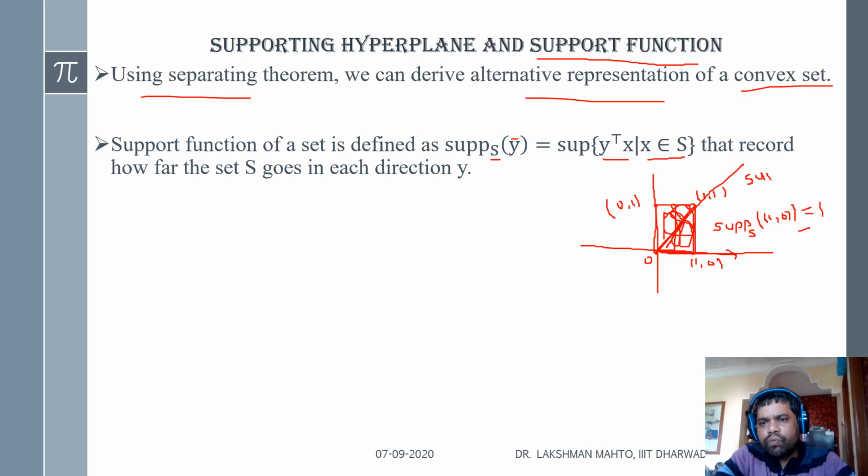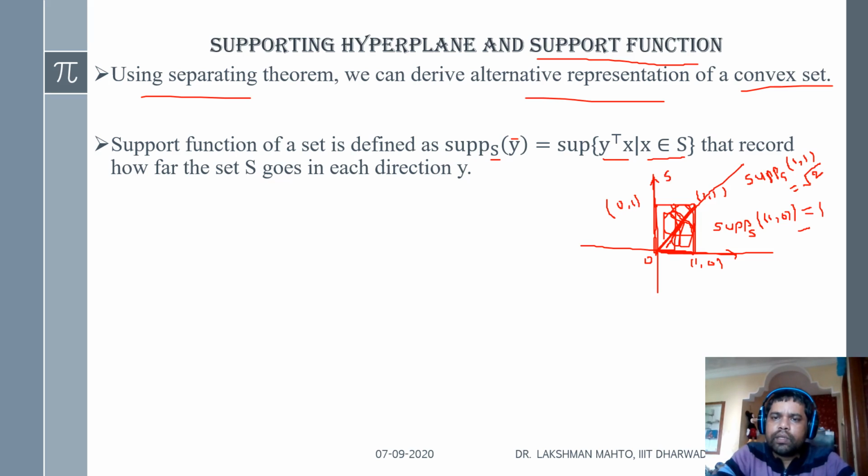So how can you find the support? Again, the support of this set in the direction of 1 1. Simply find this maximum length. What is this length? It is the square root of 2. This is the support in the direction of 1 1.